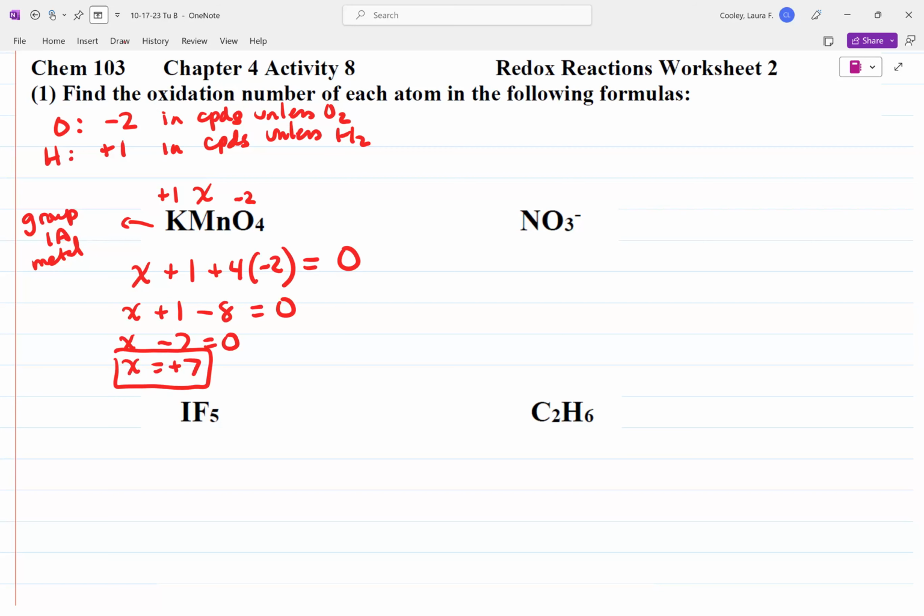So the oxidation number of the manganese is +7. Right, now I have nitrate. I'll let you digest that one another.